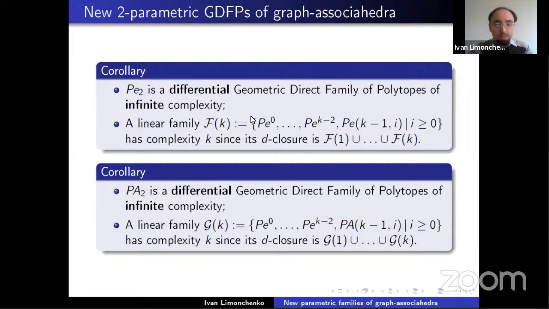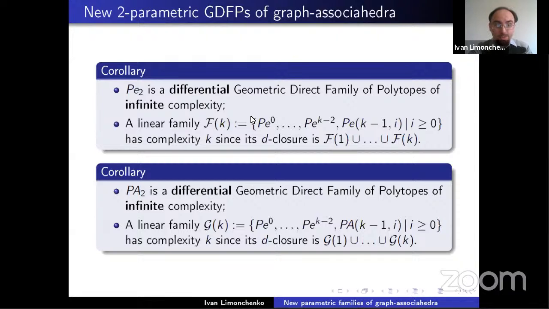But we can construct another linear family, f of k, depending on one parameter k, such that it has complexity k. Since its D-closure is simply f1, where f of 1 is the permutahedra family, then f2 union with f3, etc., up to fk. These are k linear families, so the complexity by definition is equal to k. K is an arbitrary positive integer.